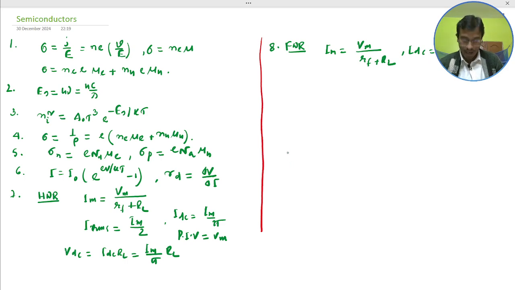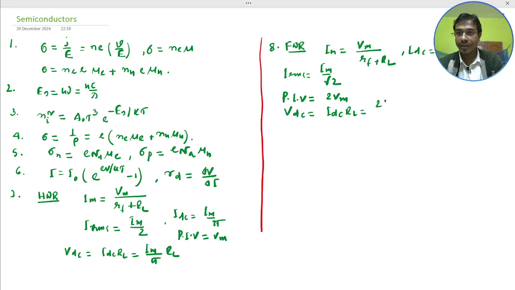The RMS value I_RMS equals I_m by root 2. The peak inverse voltage is equal to 2 V_m for the full wave rectifier, and the DC value of the voltage V_DC is equal to I_DC into R_L, which becomes 2 I_m divided by pi into R_L.